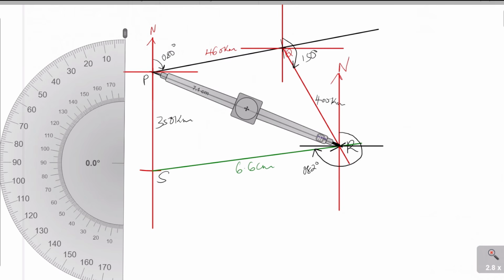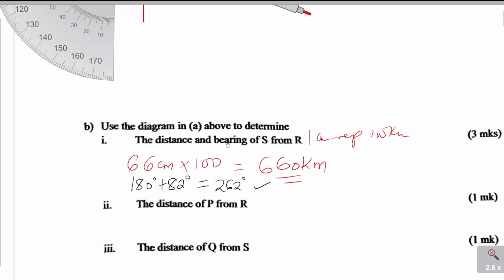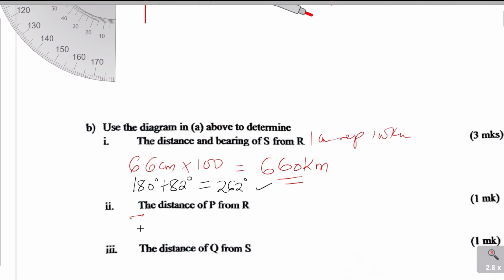Mine is giving exactly 7 centimeters, as you can see from the diagram. Of course you multiply by 100, and you must give the answer in kilometers, that is 700 kilometers.